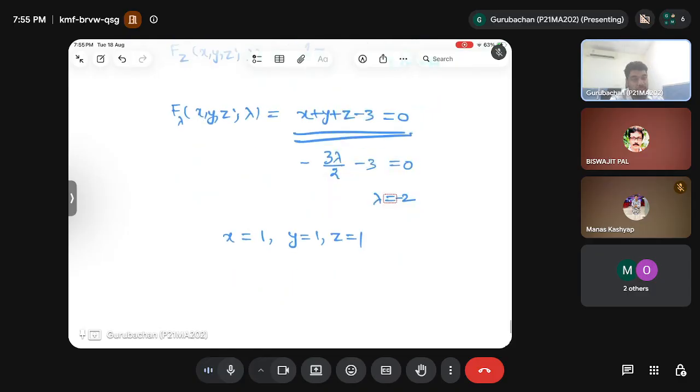So what is the point at which your minimum value will occur? (1, 1, 1). Is it clear or any doubt? Any doubt?